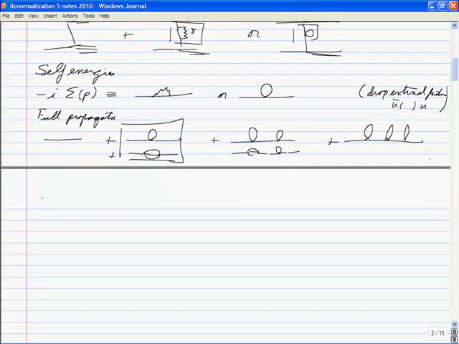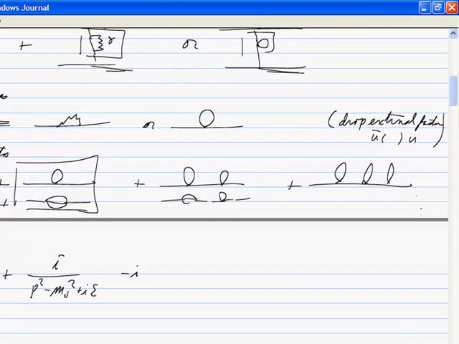And so if you count all the things that look like that, all the things like that, we call that the self-energy. This propagator starts like I over P squared minus, let's call it M0 squared plus I epsilon, that's the bare parameter in the Lagrangian, plus I over P squared minus M0 squared plus I epsilon minus I sigma of P. Then there's another I over P squared minus M0 squared plus I epsilon.